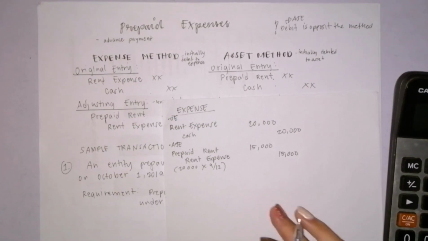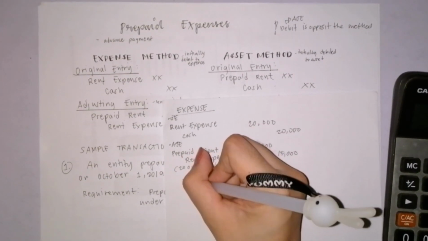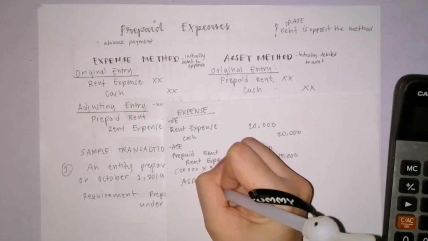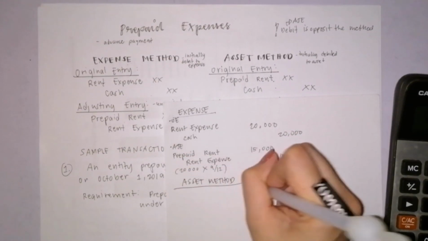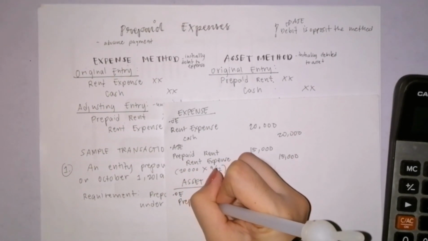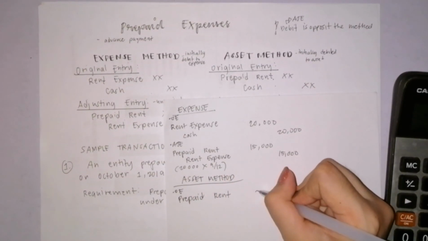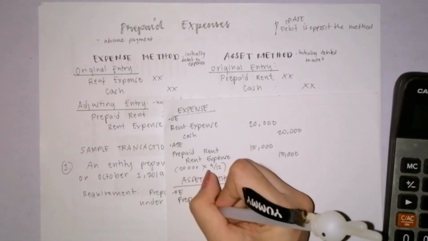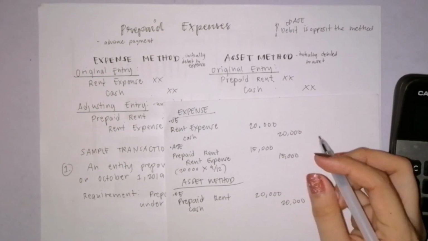Next step is preparation of the adjustments under the asset method. In the asset method, we initially record the cash disbursement to an asset account. So the original entry will be a debit to prepaid rent, an asset account, amounting to 20,000, and credit cash amounting to 20,000 as well.